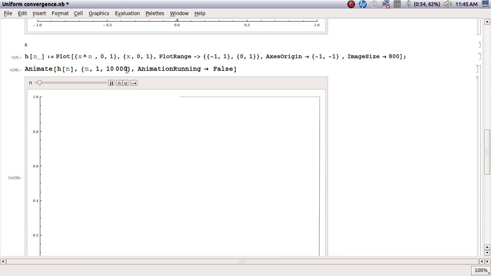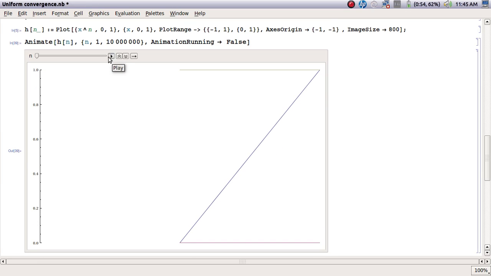We take 10 to the power 4, I think. We feel here the picture is very beautiful. When n goes to 1 crore, it will be 10 lakh.